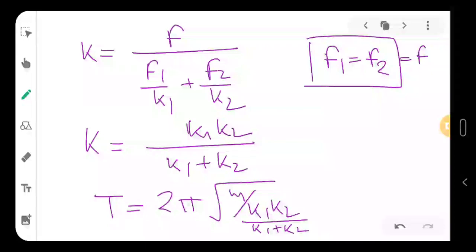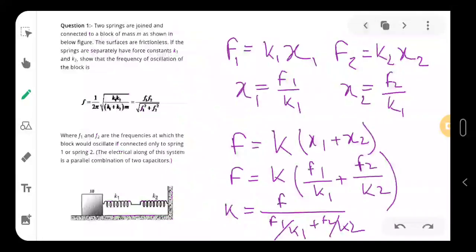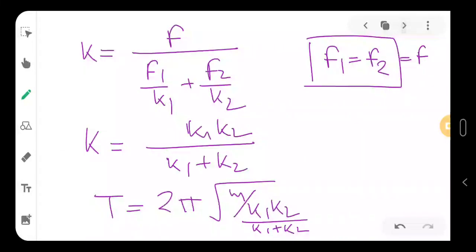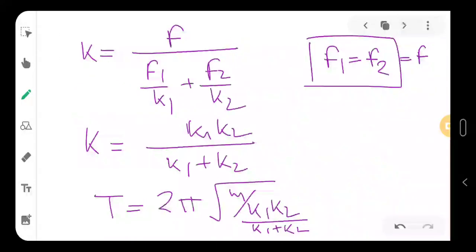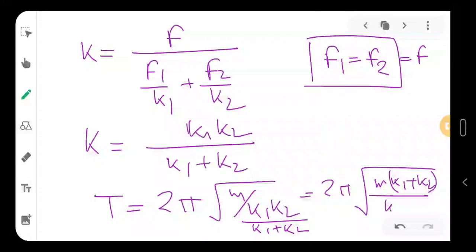Even this thing we can do using our omega convention also. So you can see here, something like this we are trying to get from here. So one thing you see here, we got this. Ultimately I can write this is 2 pi root over M into K1 plus K2 by K1 K2, right?